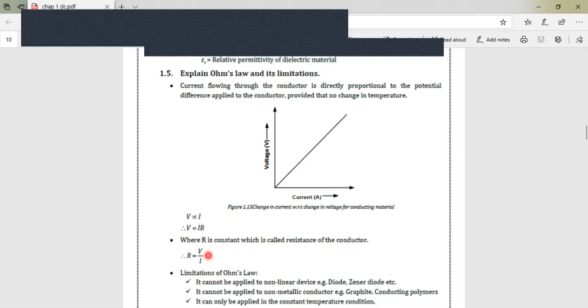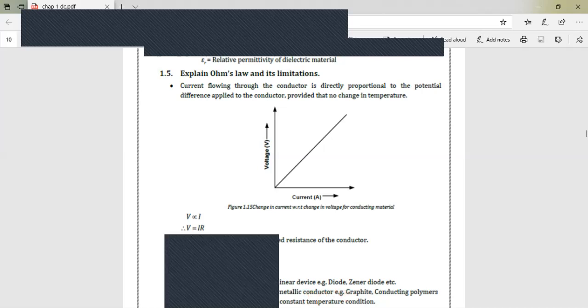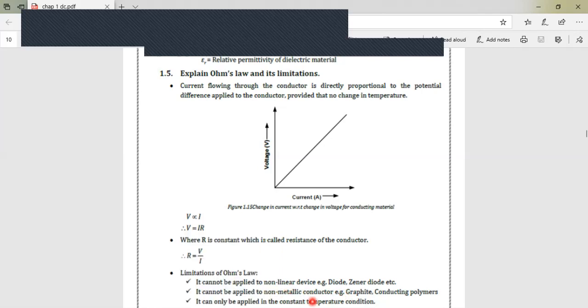Now the limitations of Ohm's law: it cannot be applied to non-linear devices like diode and transistor. It cannot be applied to non-metallic materials, and it can only be applied in constant temperature conditions. That's why we mentioned in the statement of Ohm's law that there is no change in temperature.